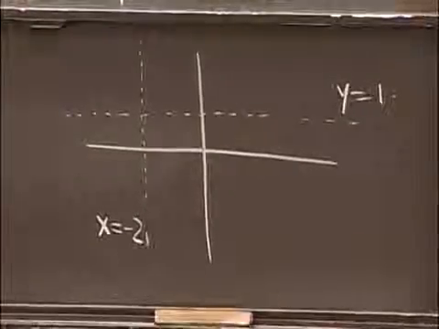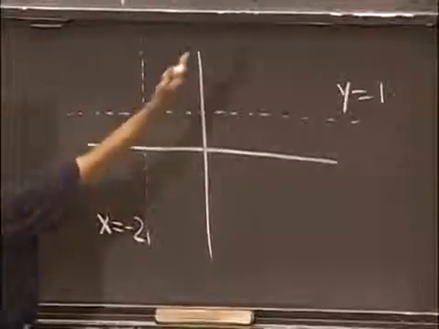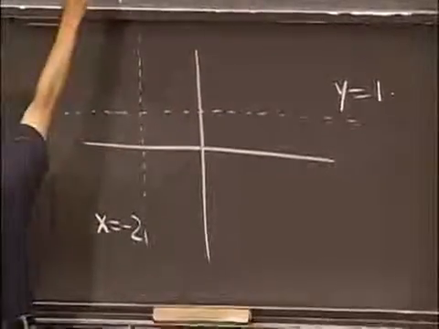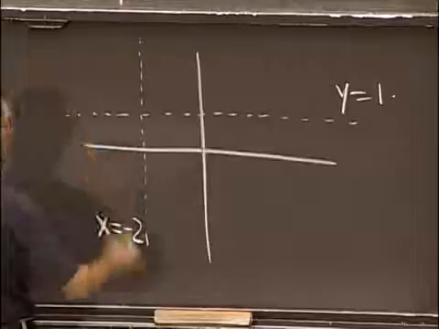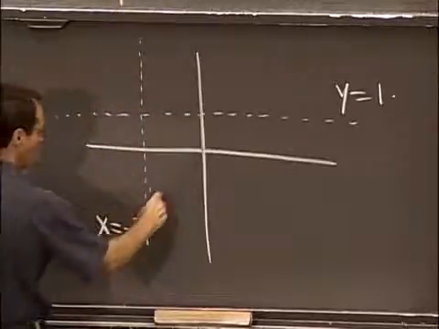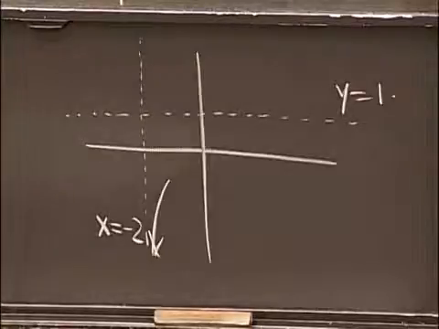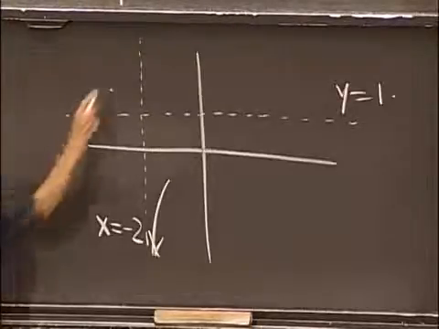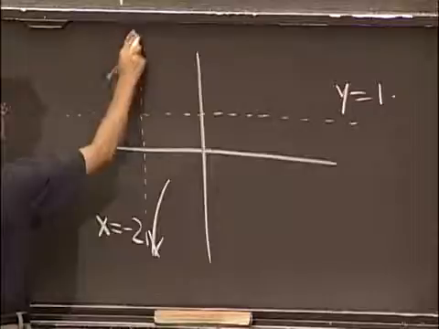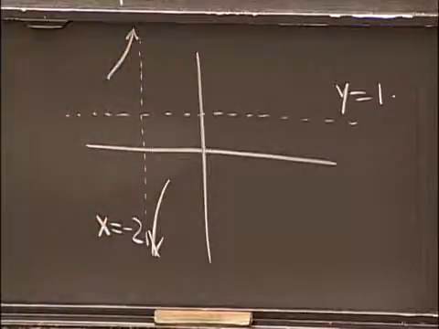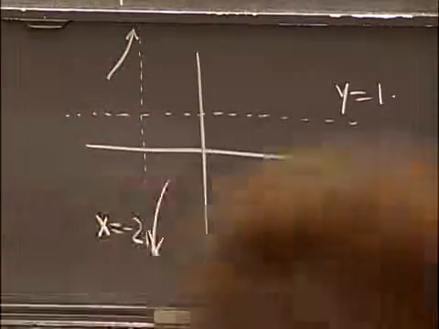Well, the information that I have so far is that when we're coming in from the right, to -2, it plunges down to minus infinity. So that's down like this. And I also know that it goes up to infinity on the other side of the asymptote.